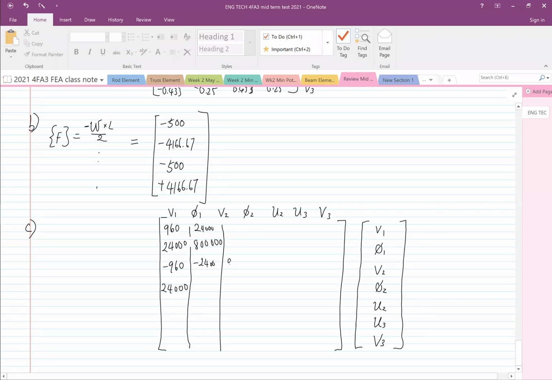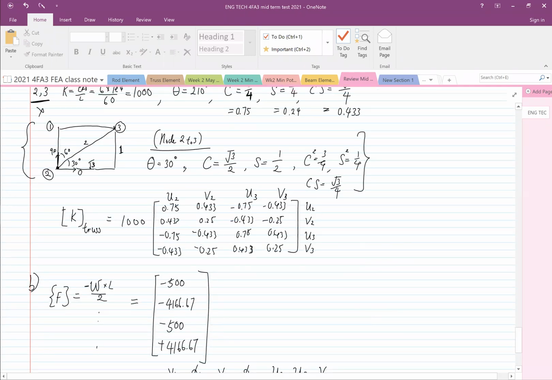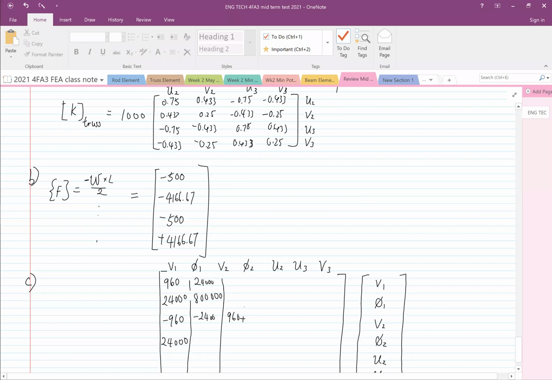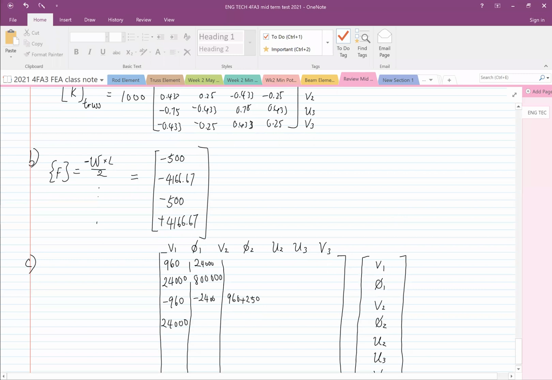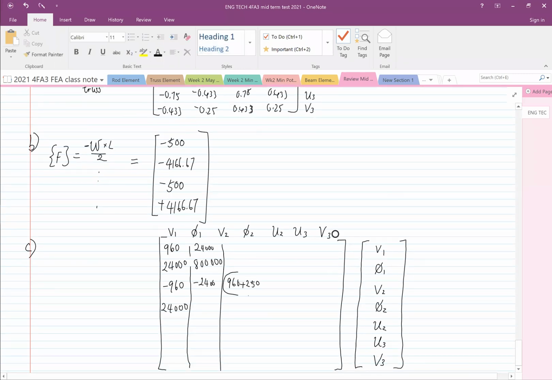This is 960 plus 1,000 plus 250. 960 plus 250 for V2. And then the rest of it is the same. Only this one is affected.